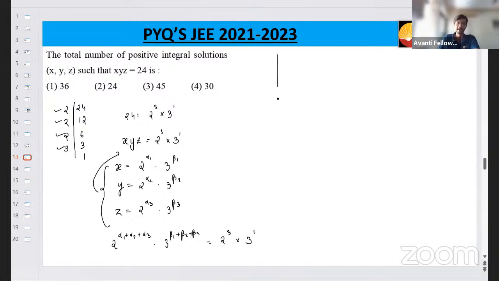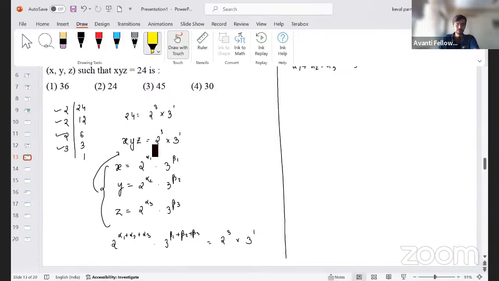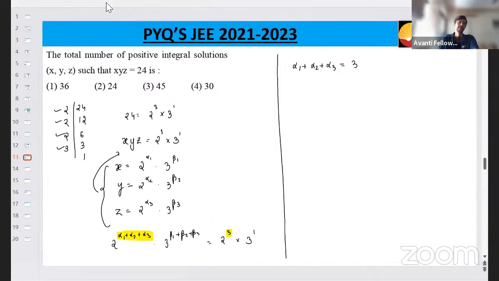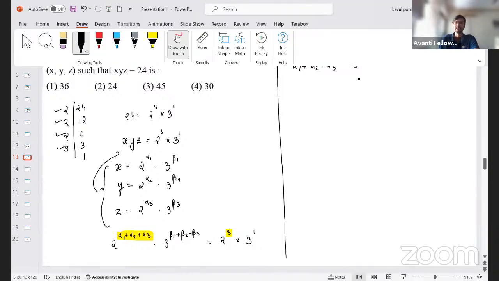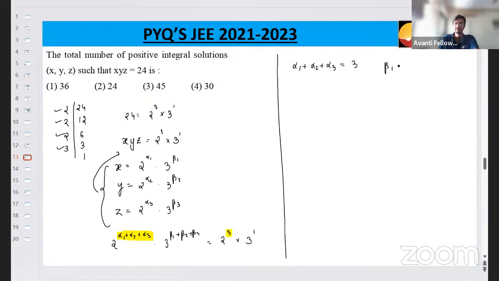Now, if we compare, then we'll get alpha 1 plus alpha 2 plus alpha 3 is equal to 3. Comparing powers, similarly, we'll get beta 1 plus beta 2 plus beta 3 is equal to 1.